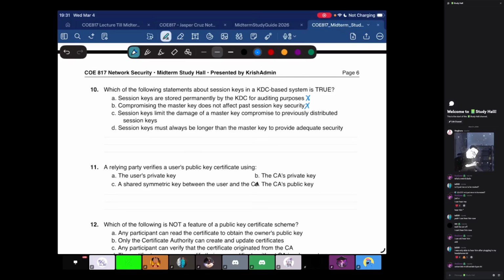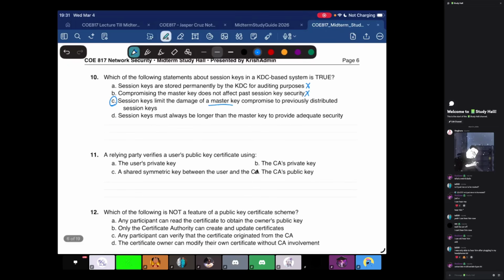Session keys limit the damage of a master key compromise to previously distributed session keys. So it is true. You want to always prevent compromise in case the master key is leaked by any chance. Session keys are still valid, and using 2 keys in this method prevents that immediate layer of compromise.